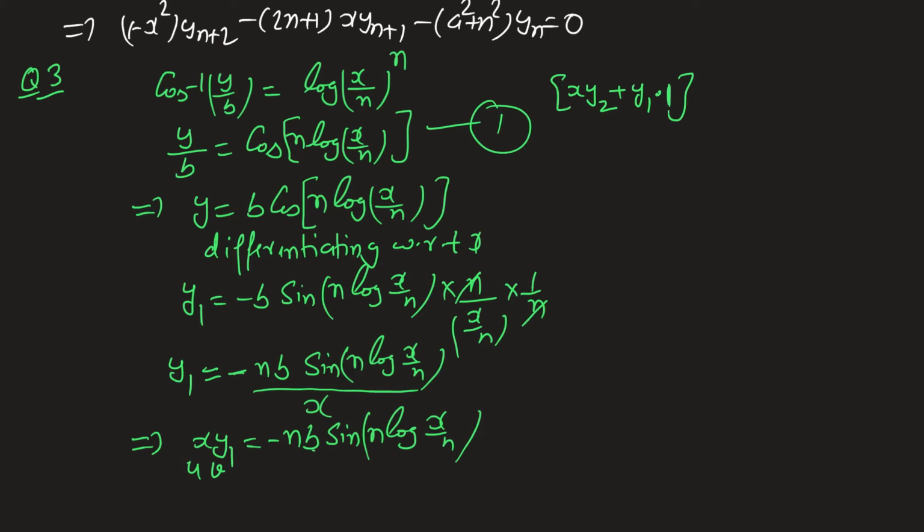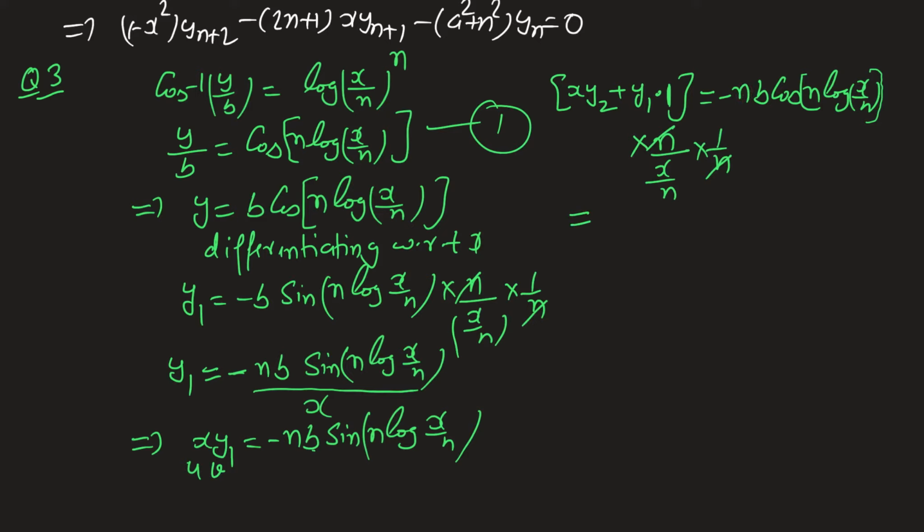Is equal to minus n b sin, differentiation is cos (n log (x by n)). So this is done. Now sin is done. Differentiation of n log (x by n) is n by x, as we did last time. So this will be n square.